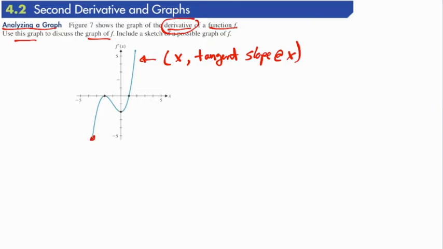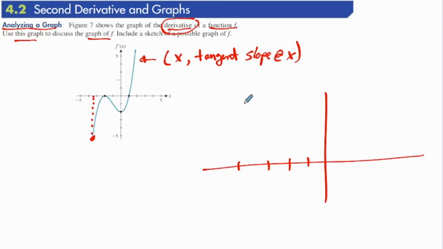So here I have a -5 as the slope when x is about -3.5. So someplace around 3.5, and it doesn't matter if it's above or below because it's saying a possible graph of f. There's going to be multiple answers, but I expect my graph to be coming in a downward direction because slope is at -5. And I see that as we get to -2, slope is approaching 0.